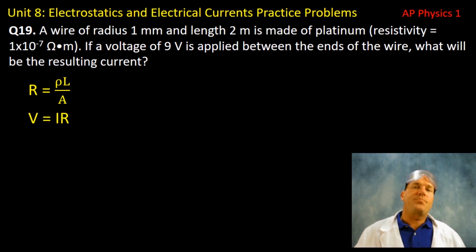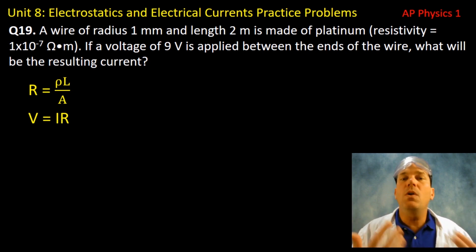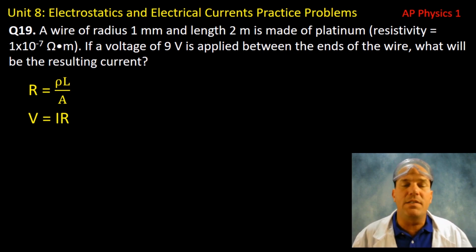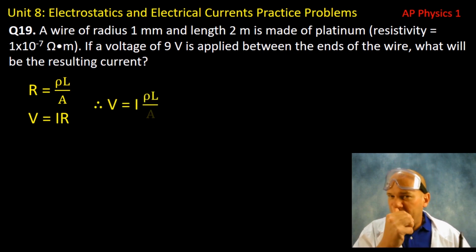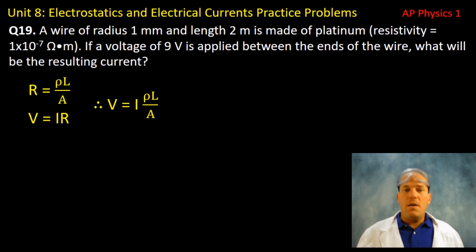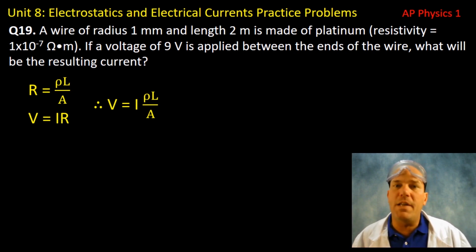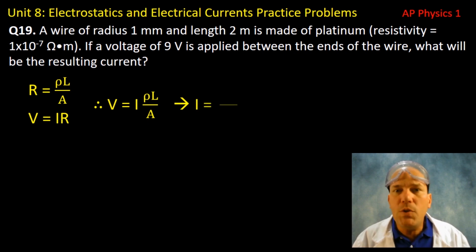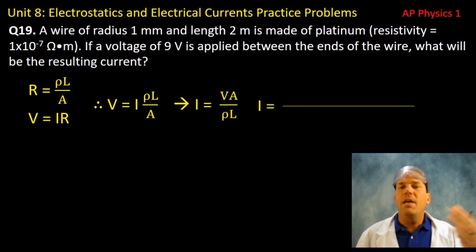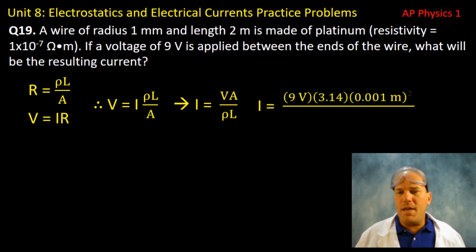This is also the first problem on the problem set where you're using Ohm's law, where the voltage is equal to the current multiplied by the resistance. So we have everything we need to find the resistance, and so we can plug in our variables for resistivity, length, and cross-sectional area into Ohm's law equation, rearrange for the current, and solve for the current in amperes.